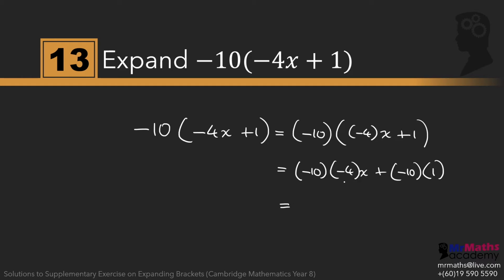Okay, minus 10 and minus 4 multiplied together becomes positive. And 10 times 4 is 40, so 40x. And this time we have minus 10 times 1, that becomes minus 10. And we have plus and minus meeting together, it becomes minus. So 40x minus 10.